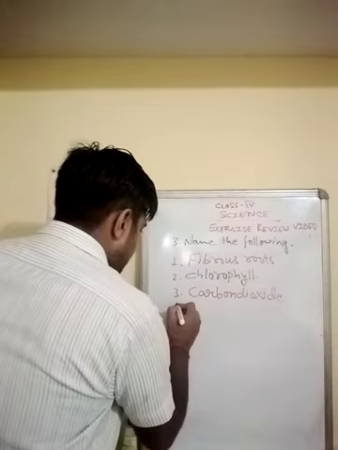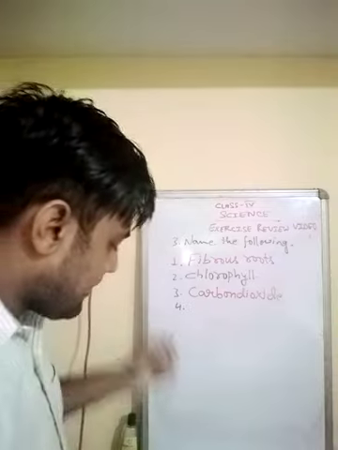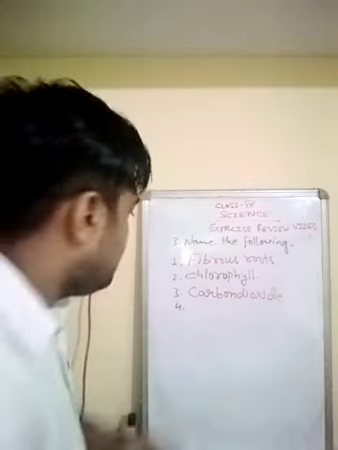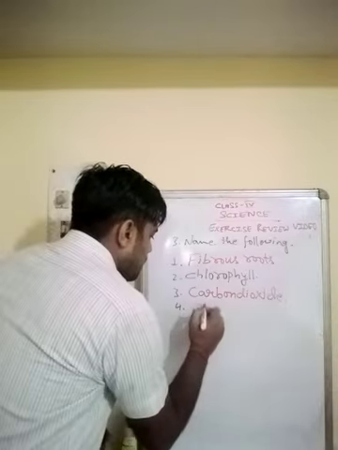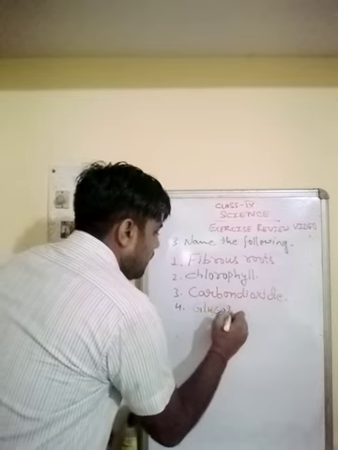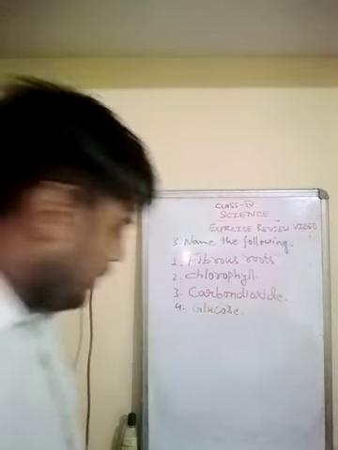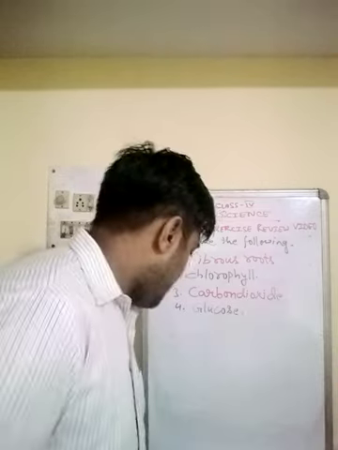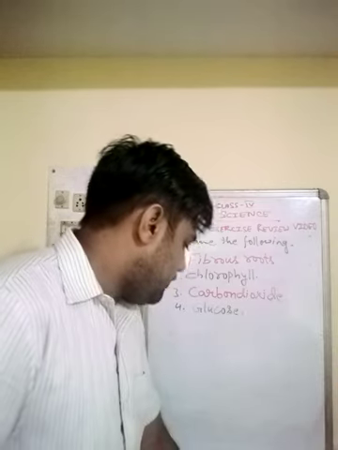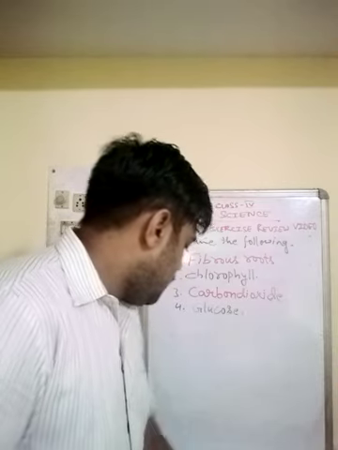Number 4. In plants, the extra food is stored in this form. Glucose.